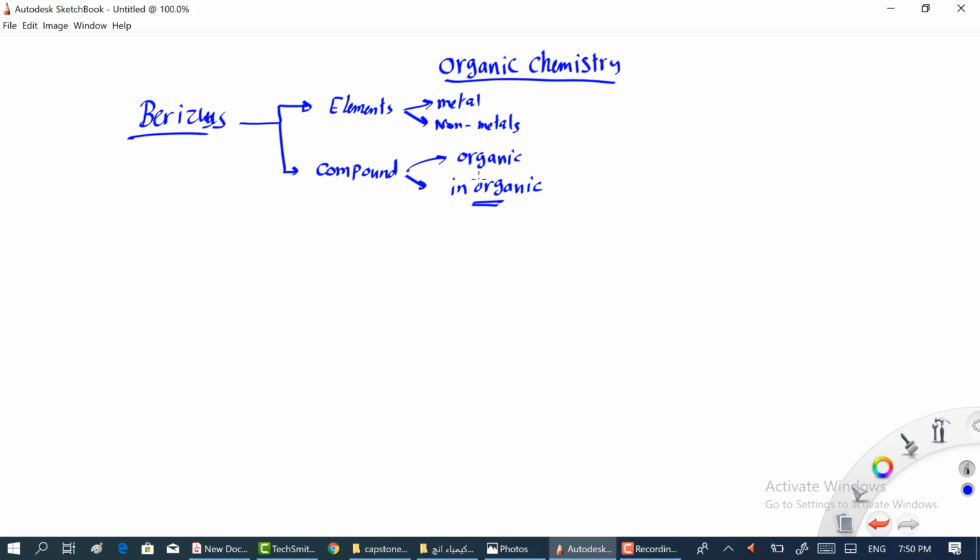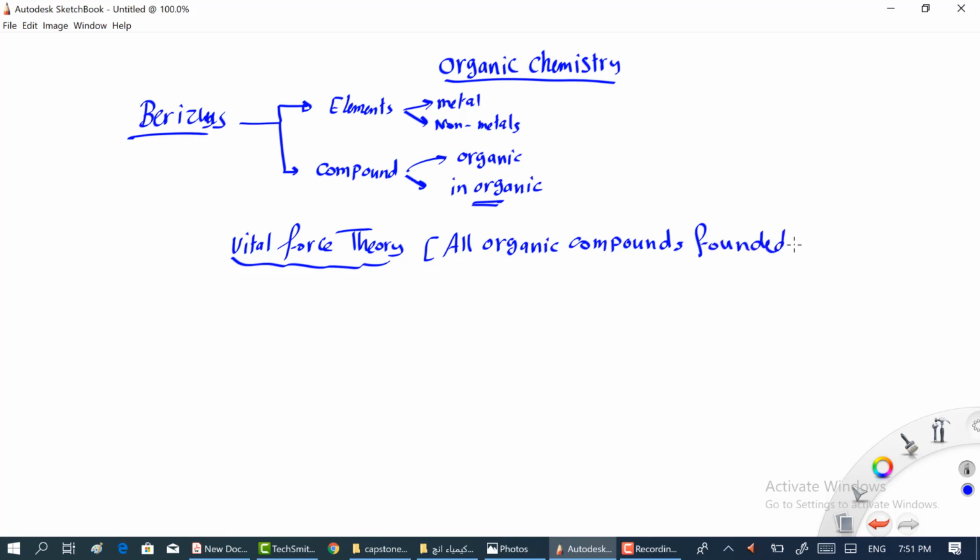According to the Berzelius theory, we'll find the vital force theory established by Berzelius. Berzelius said that all organic compounds are found only inside the living organisms' bodies.